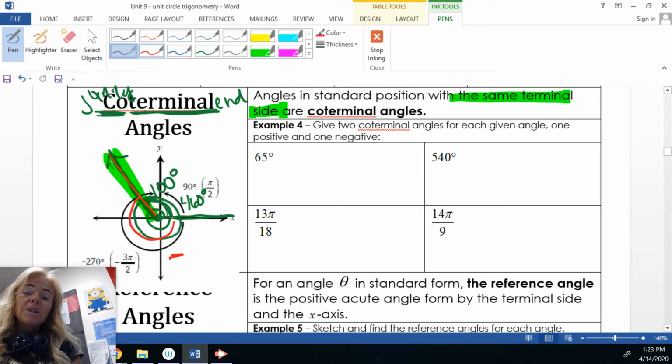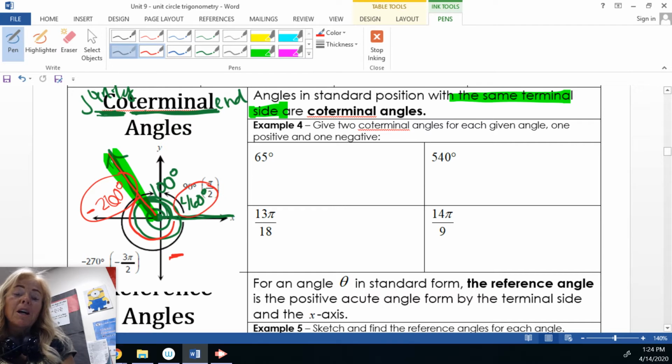And that's going to be 180 plus 70. It's going to be 260 degrees in the negative direction. And if I do that, then I also have another coterminal angle. So negative 260 degrees would be the negative coterminal angle. 460 degrees would be the positive coterminal angle, all for the same terminal side as 100 degrees has.